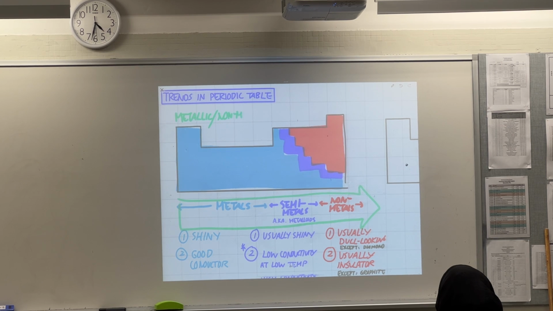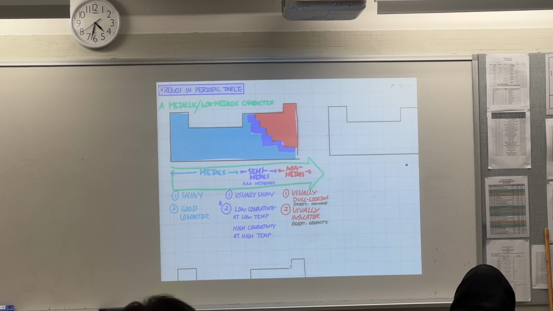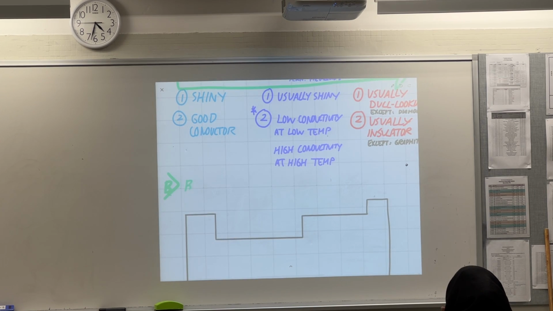This is the first kind of trend we notice as we go across the periodic table. The second trend that we will see as we move across the periodic table is the bonding and structure trend.